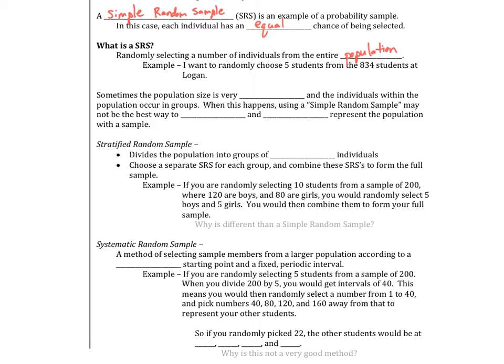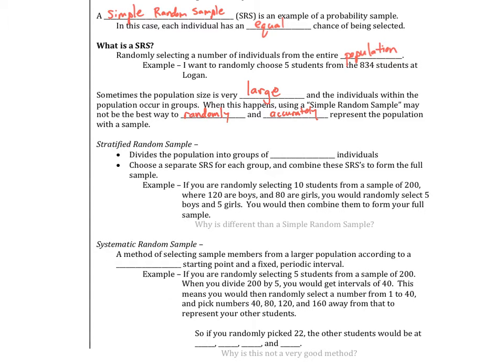Sometimes the population size is very large, and the individuals within the population occur in groups. When this happens, using a simple random sample may not be the best way to randomly and accurately represent the population within the sample.